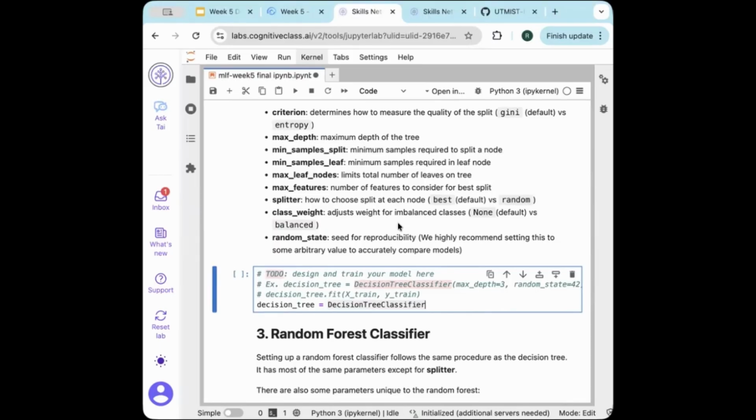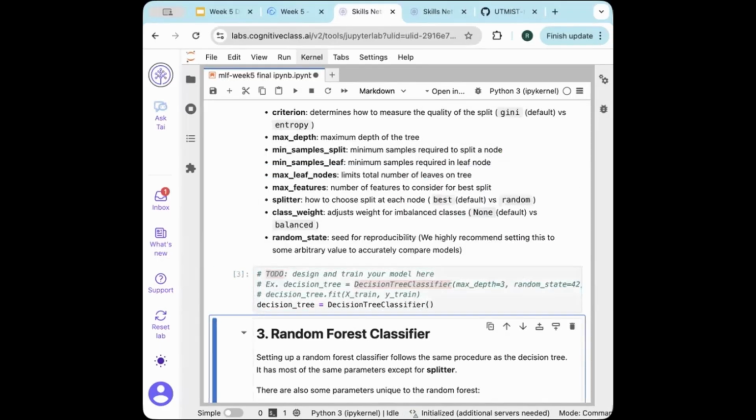I'm not exactly sure what this random state represents. I think, for example, if at some point it has to make some random decision, it's going to be using this random seed for reproducibility, but I'm not 100% sure. But yeah, okay, let's continue.